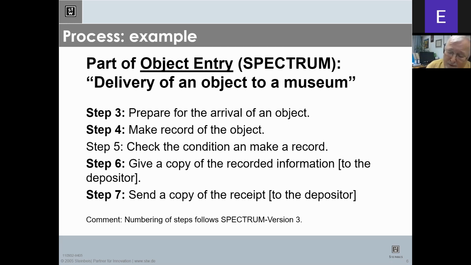And we not only have the processes, we have also the data connected with the process. For example, if you're registering an object, you need some data. You need the depositor, you need the title of the object, and something else.